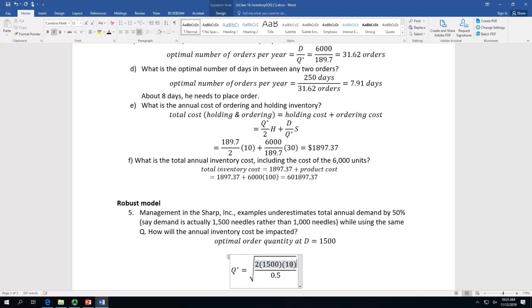Let's calculate the result: 2 times 1500 times 10, divided by 0.5, and take the square root. This equals 244.9.